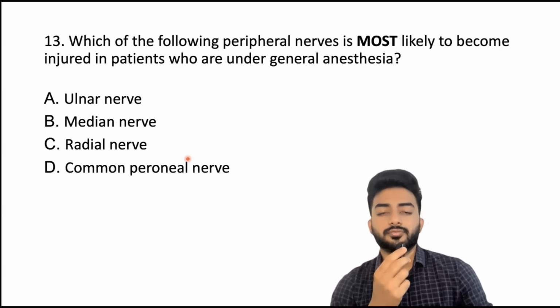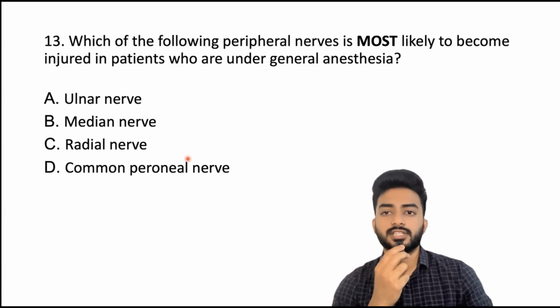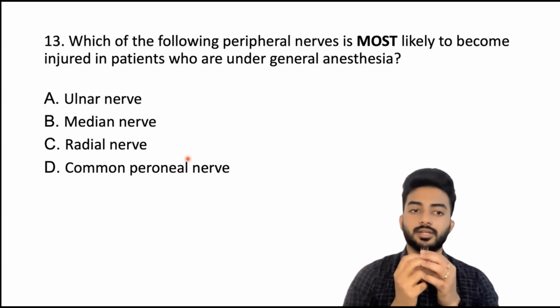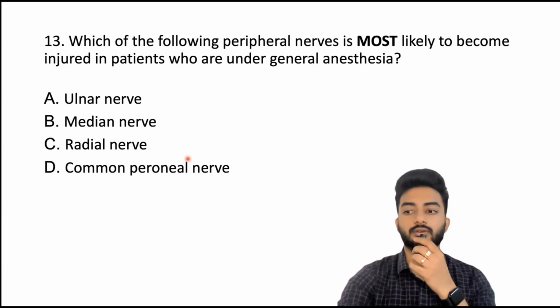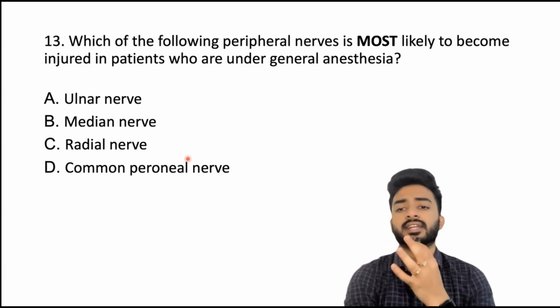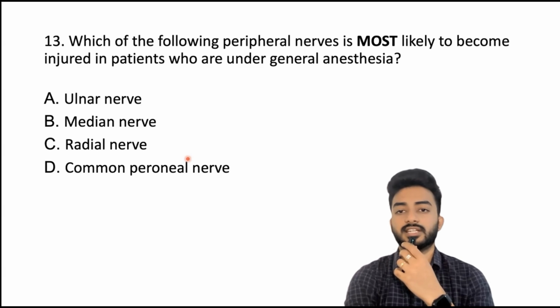And which of the following peripheral nerves is most likely to become injured in patients who are under general anesthesia? The options are option A, ulnar nerve, option B, median nerve, option C, radial nerve, option D, common peroneal nerve. So this is a direct one-liner which you can answer if you are following our bro series, that is basic revision of one-liner series.